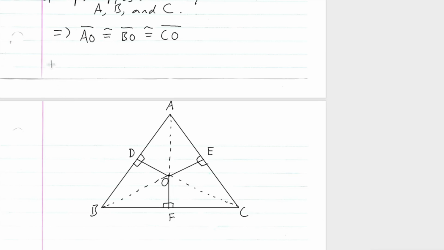Okay, so we're going to let OD be perpendicular, we're just going to choose that OD to be perpendicular to AB, OE perpendicular to AC, and OF perpendicular to BC.